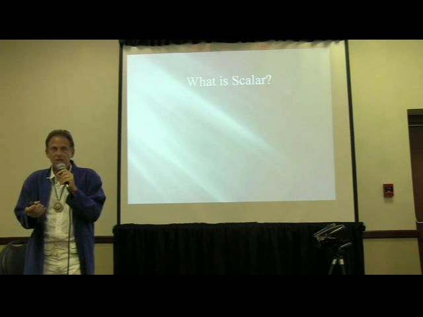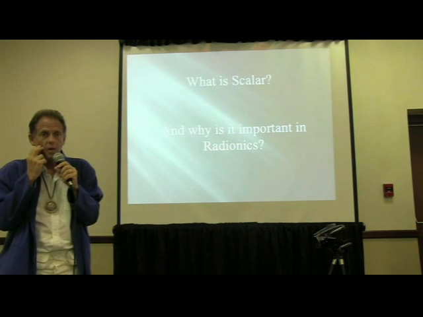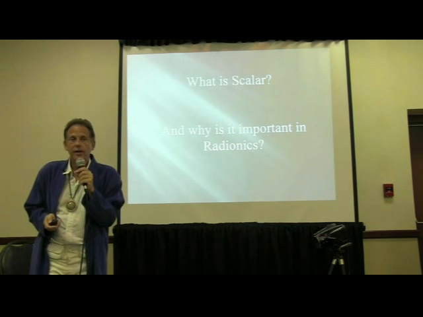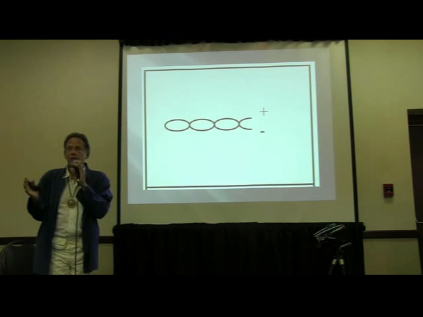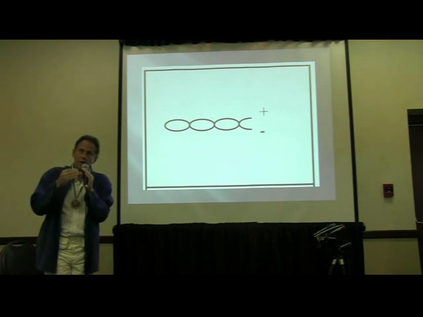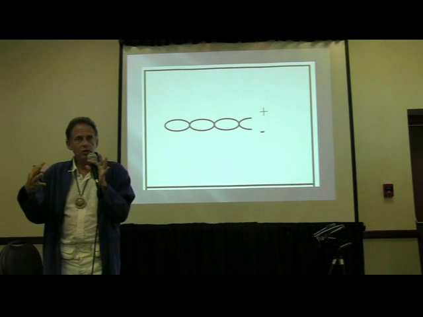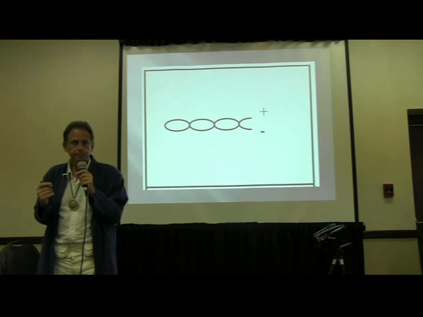So what is this scalar that is so expensive? And why is it important in radionics? That's what we're going to discuss right now. We're talking scalar electromagnetics at the moment, then I'll talk about what a scalar is, and I won't get too technical, but I'll give you enough information to where you can get an overview of this and really grok it.